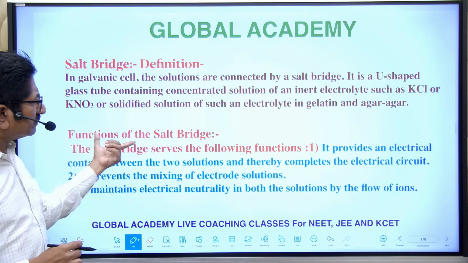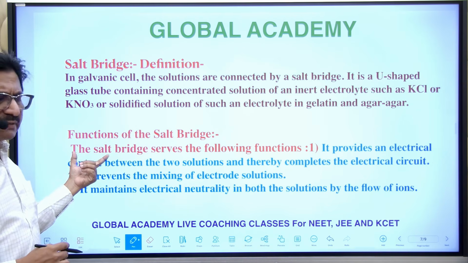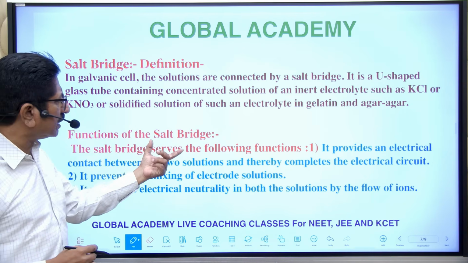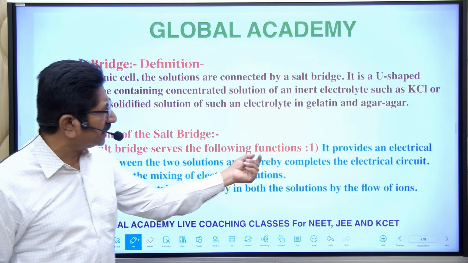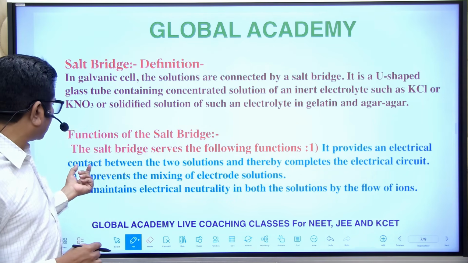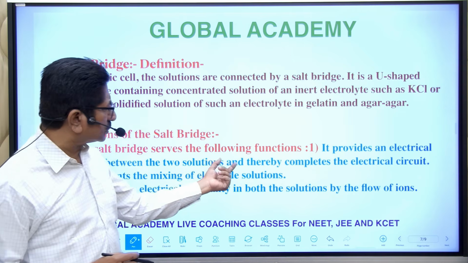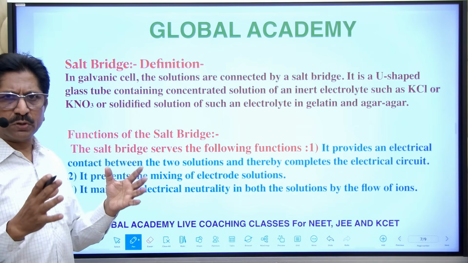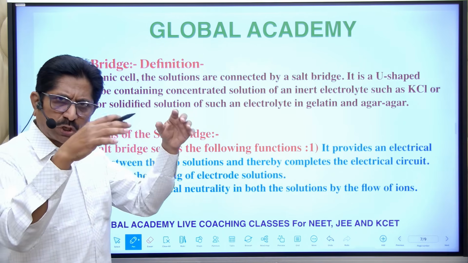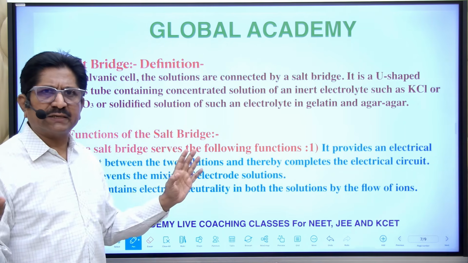What are the functions of the salt bridge? Sometimes they ask for the functions of the salt bridge. There are one or two important functions. It provides an electric connection between the two solutions and thereby completes the electric circuit. This is very important. Unless the salt bridge is there, no electric current is produced.